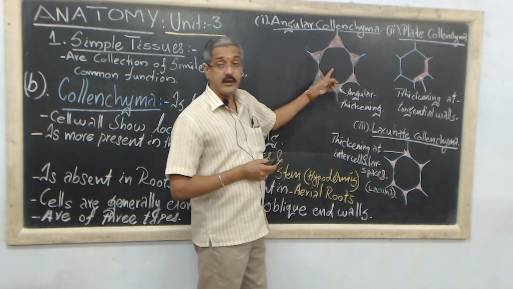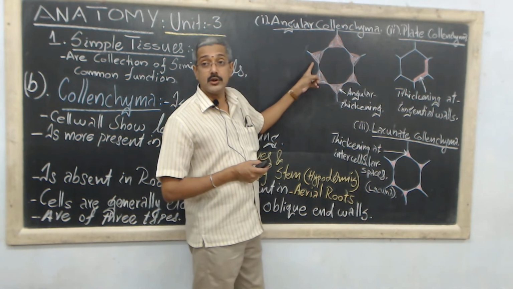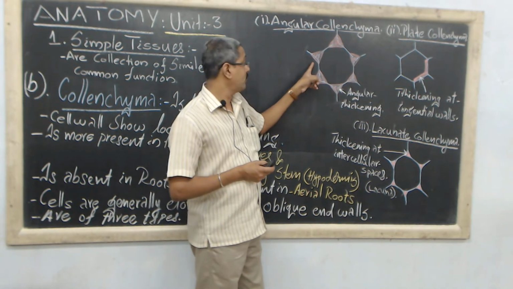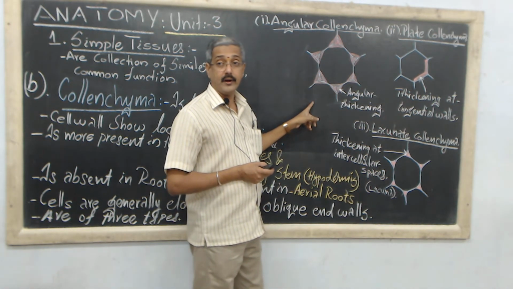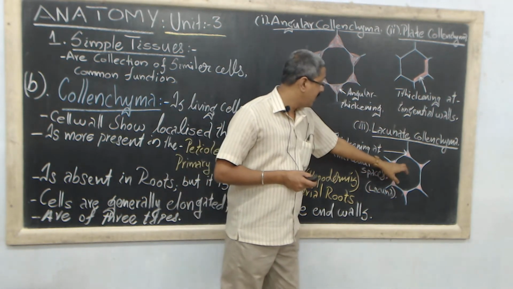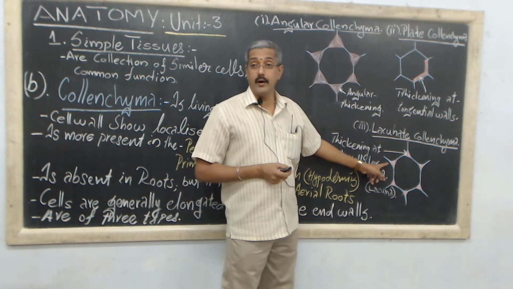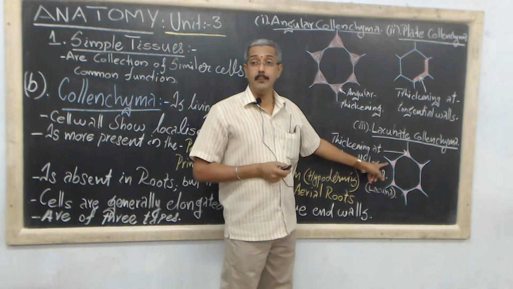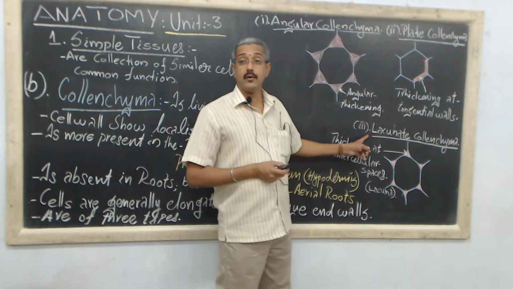While in angular collenchyma, not only the intercellular spaces but in addition the inner walls of each corner show triangular thickening. But in lacunate collenchyma, only the lacuna is getting filled, or the intercellular spaces become thickened, and such cells are called lacunate collenchyma.